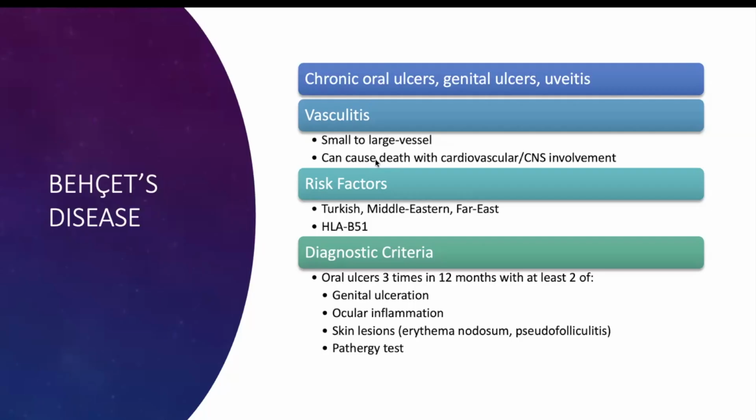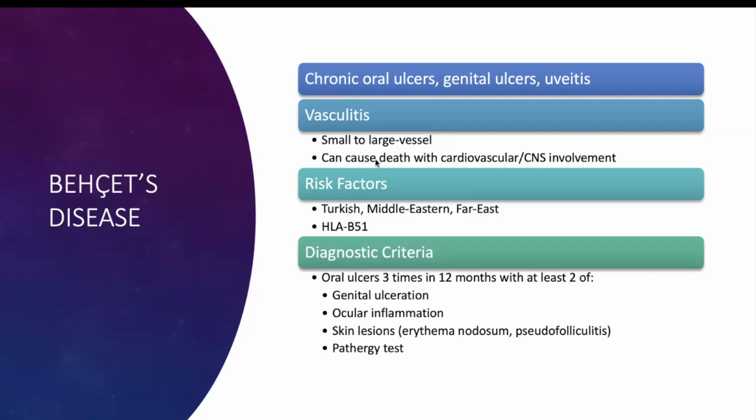Specifically, it's a patient who's had an oral ulcer 3 times within a year, alongside at least two of either genital ulceration, ocular inflammation, typical skin lesions of Behçet's, things like erythema nodosum or pseudofolliculitis, and a positive pathergy test. So they need at least two of those alongside 3 ulcers within 12 months in the mouth for them to be diagnosed with Behçet's.